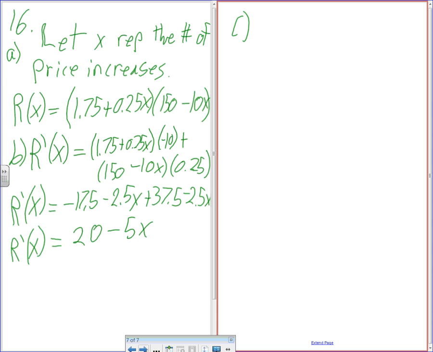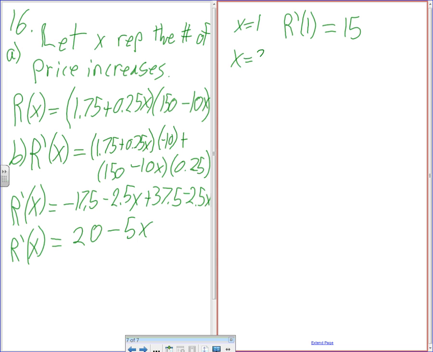So x equals 1, so then R prime of 1 equals, that would be 15.